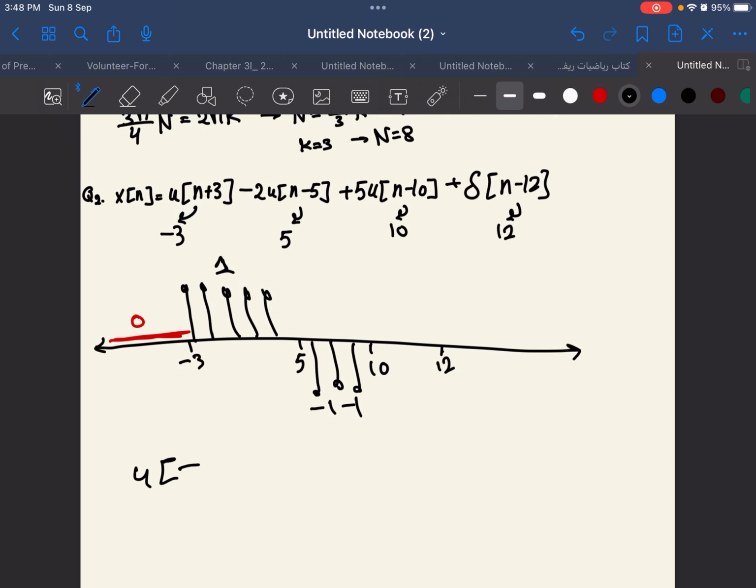So it will be a positive number, minus 2 u, also a positive number, plus 5 positive number, plus delta negative number.